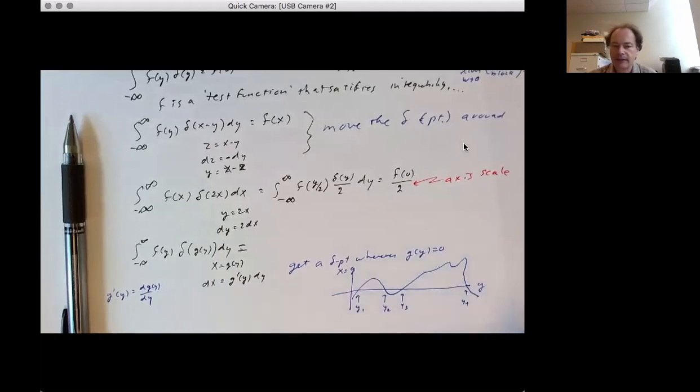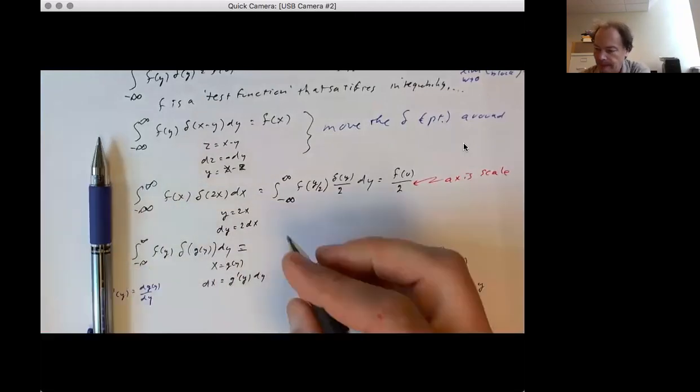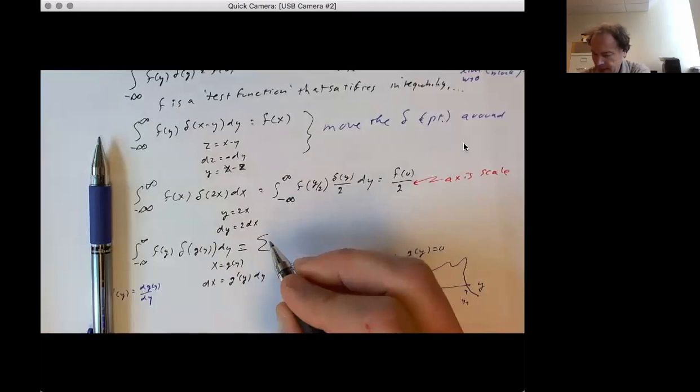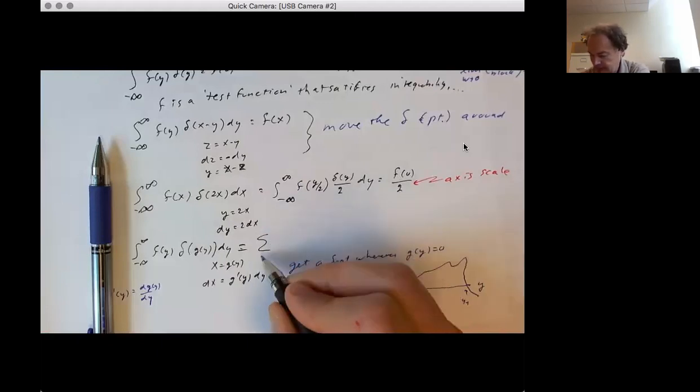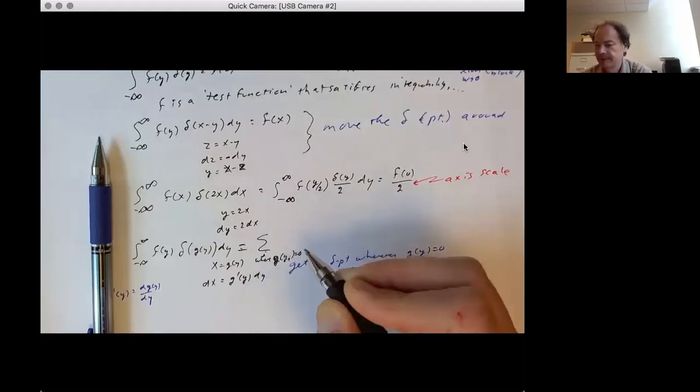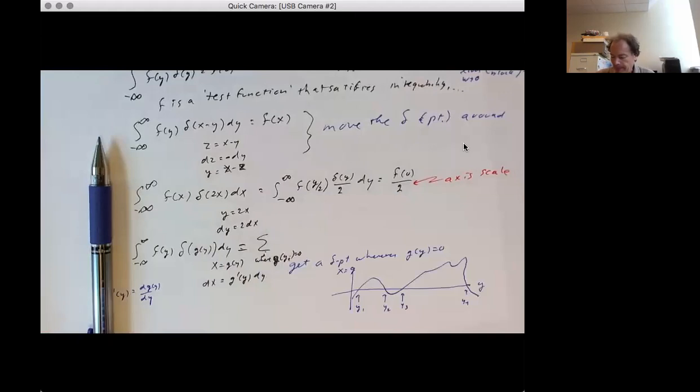All that are going to have to be included. So we're going to have a sum over, let's call it i, where g of y sub i equals 0. Wherever that happens, it's going to be a sum.